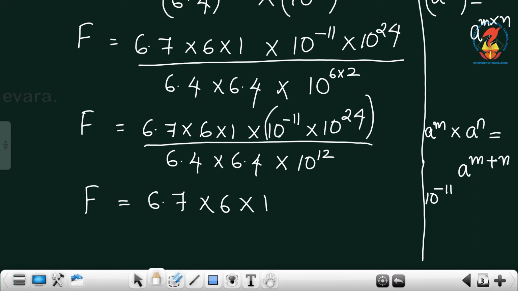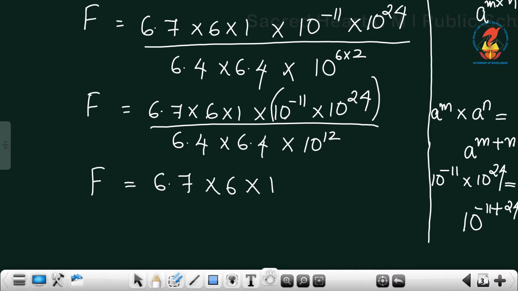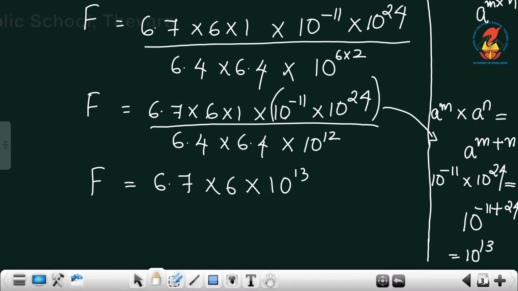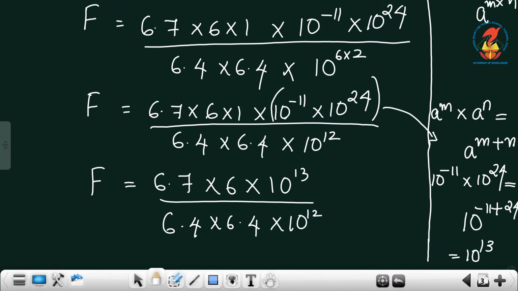That is 10 raised to minus 11 into 10 raised to 24, a raised to m is minus 11 plus n is 24, which is equal to 10 raised to minus 11 plus 24, which is equal to 10 raised to 13. So it becomes 10 raised to 13. So this is the solving part of this, by 6.4 into 6.4 into 10 raised to 12.